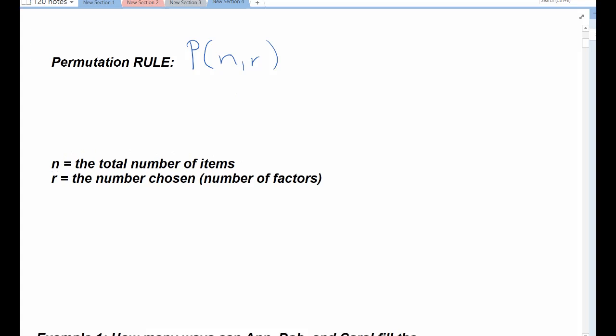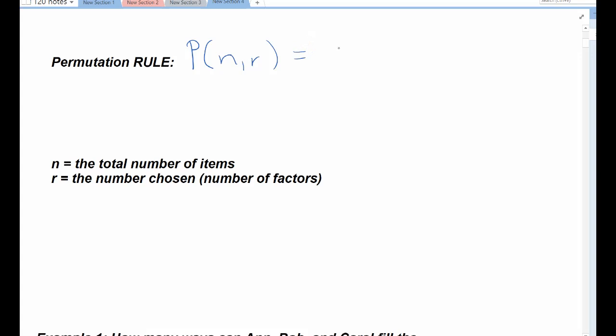Suppose I'm making a code that's a sequence, so order matters, and I'm not going to repeat my numbers. There would be 10 choices, 10 numbers I can choose from, and suppose my code's 4-digit long. So I'd have 10 choices, and I'm selecting 4 of those. So it's 10, choose 4 of them. Out of 10, I'm choosing 4 in my permutation.